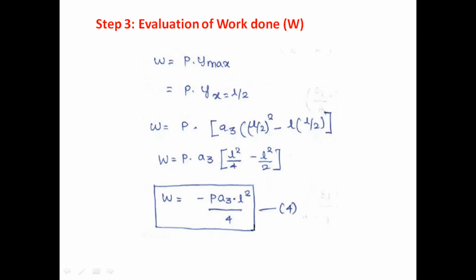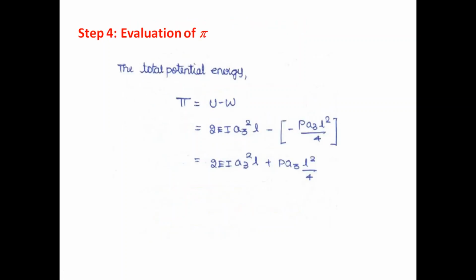After knowing the U and W expressions, we have to form the total potential energy pi. So pi is equal to U minus W. Since this is a structural problem and load is applied on the system, we use a negative sign for the work done.